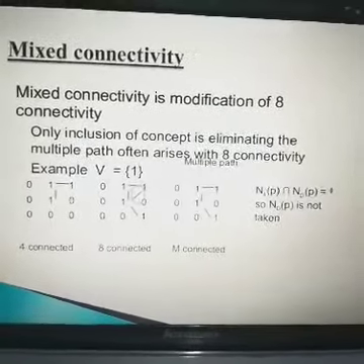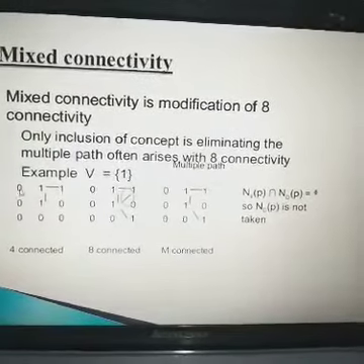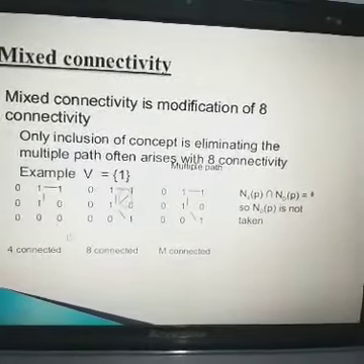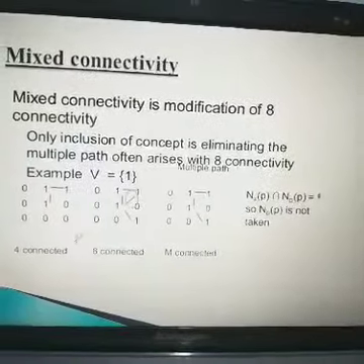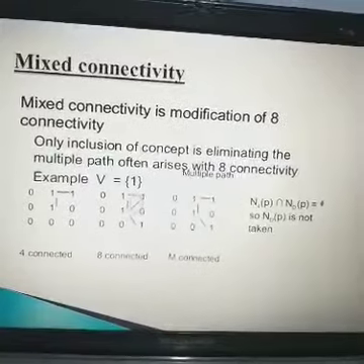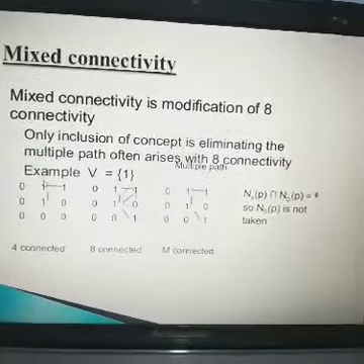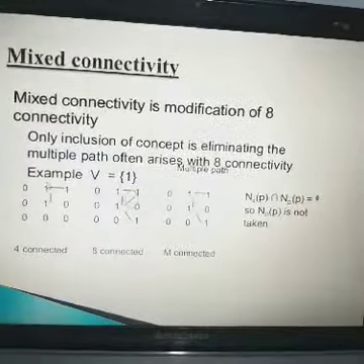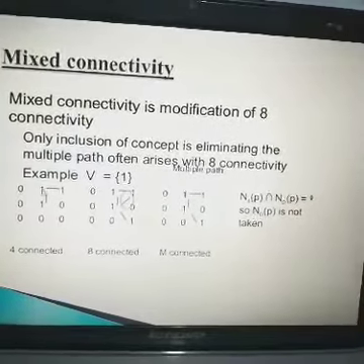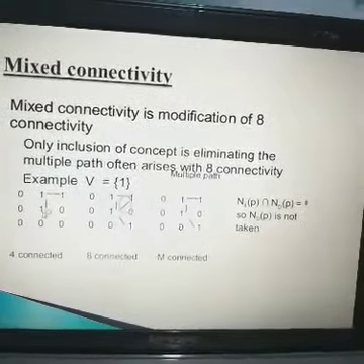For example, here we have an image with 3 rows and 3 columns. It means it is an image of 3 by 3. The values of X and Y are 3 by 3. If we take the second pixel value, that is 1, its neighbors are on the right side and on the down side.